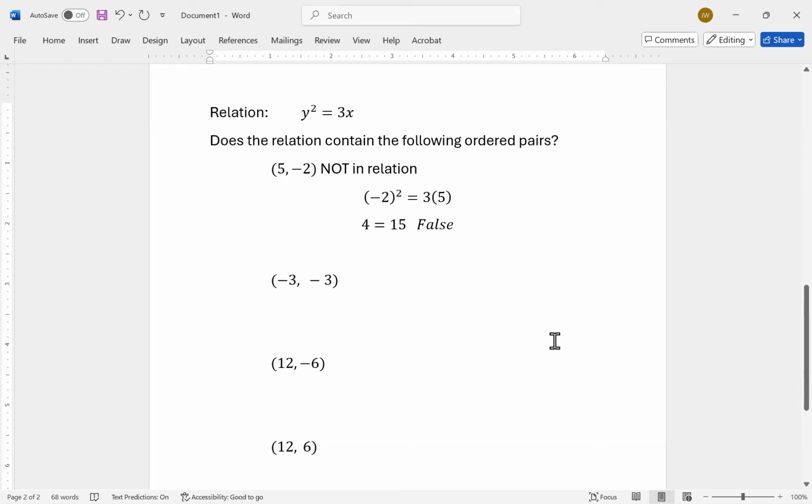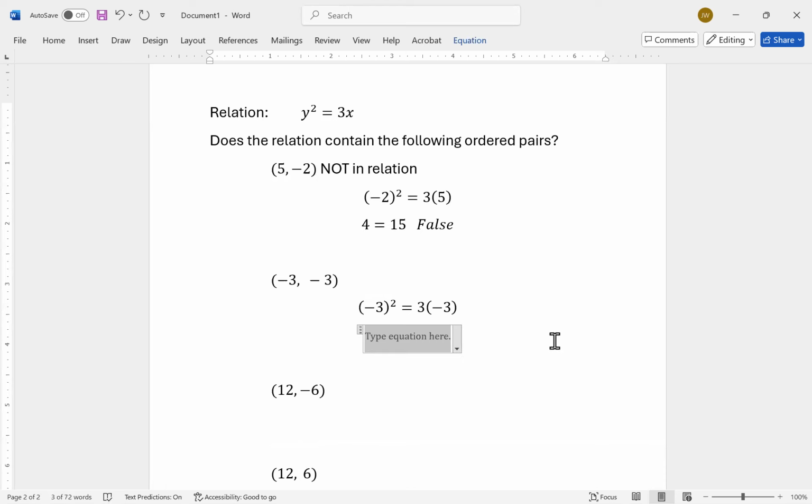Let's take a look at (-3, -3). I plug the y value of -3 into the y and square it. Again, I have to make sure that's in parentheses. Very important that I do that right, especially on this one, because inside the parentheses, -3 times -3 gives me a +9.